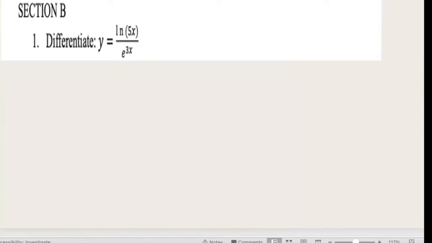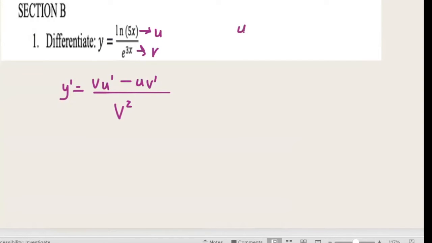Differentiate y equal ln 5x over e to the 3x. So in this scenario, we're going to have y prime is equal to, using quotient rule, v u prime minus u v prime over v squared. So the numerator is u and the denominator is v.